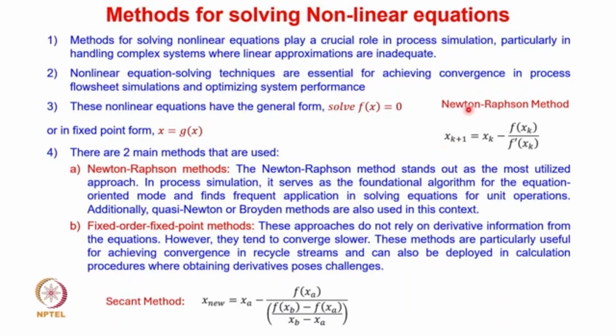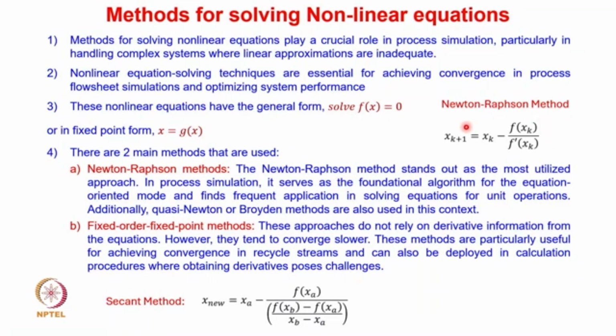This Newton-Raphson method is for root finding, but there is something called Newton's method which is used for optimization. In that case the same equation is modified, and x(k+1) is given as xk minus f dash xk divided by f double dash xk.